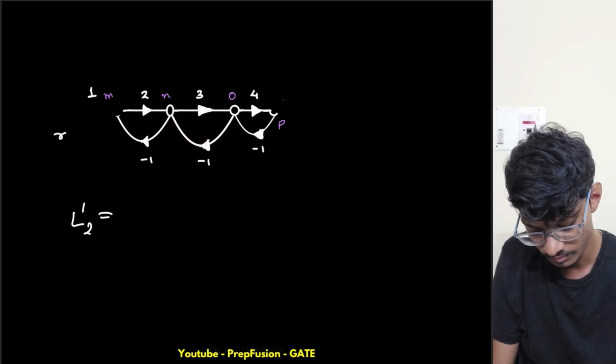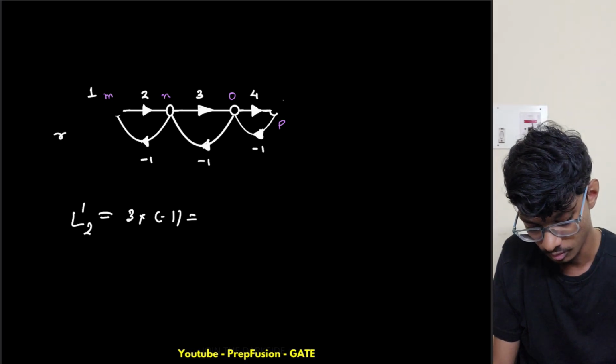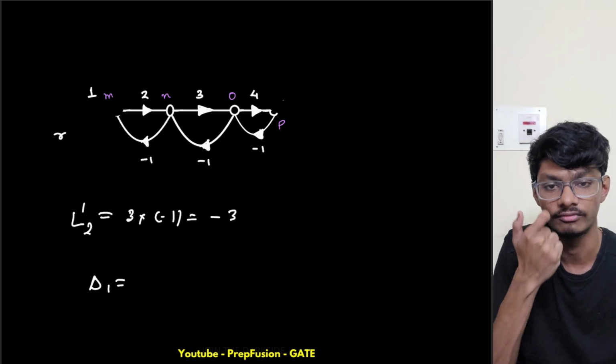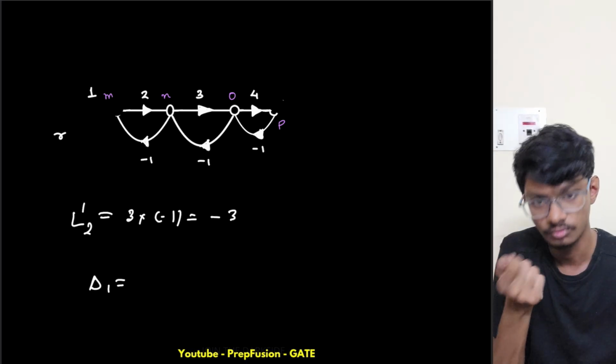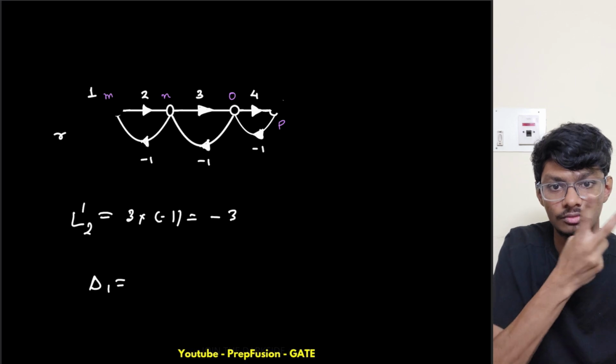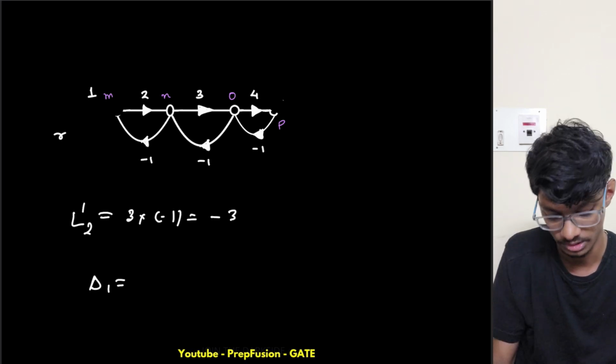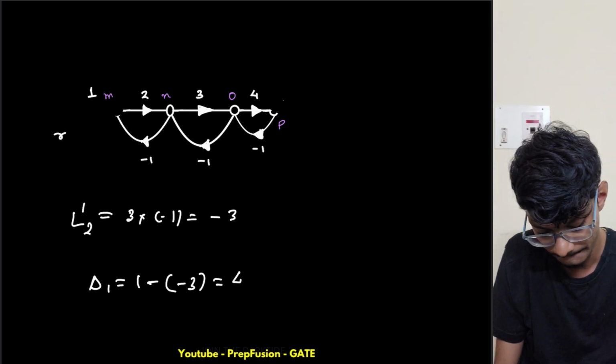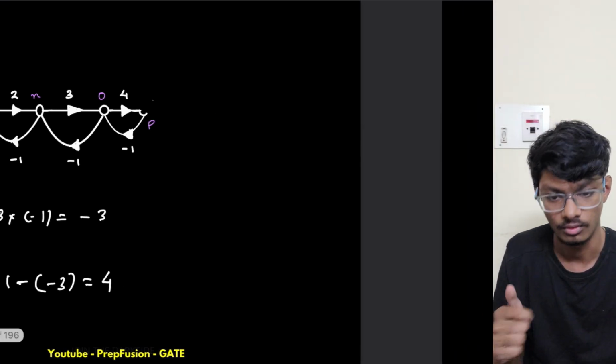L2 dash equals minus 3, the loop gain. Since we have only one loop, there can't be a non-touching pair of loops. So delta 2 is 1 minus 3... which is 4 only.